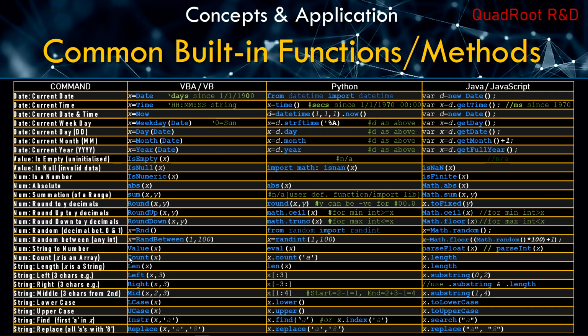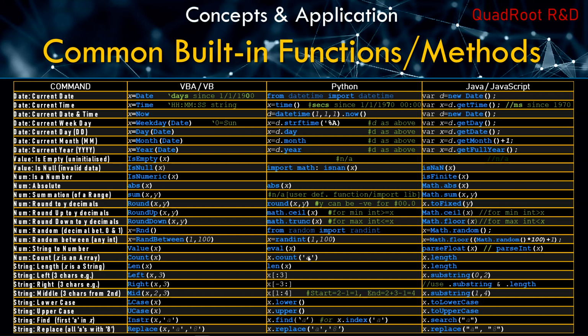You can count the number of elements in an array using count. In Python, it's the x.count method. You can even count the number of A's in a variable or in an array, or whatever string you want, you can count that.